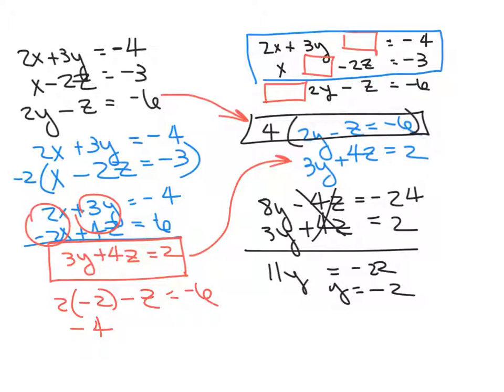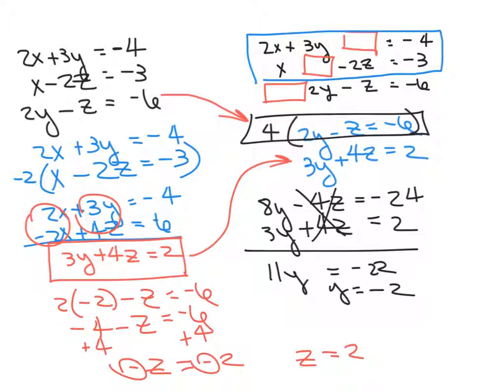So -4 minus z equals -6. Add 4, and I find out that my -z equals -2. And if I want to change my sign, I can, and I get z equals 2. So I have z equals 2 and y equals -2.